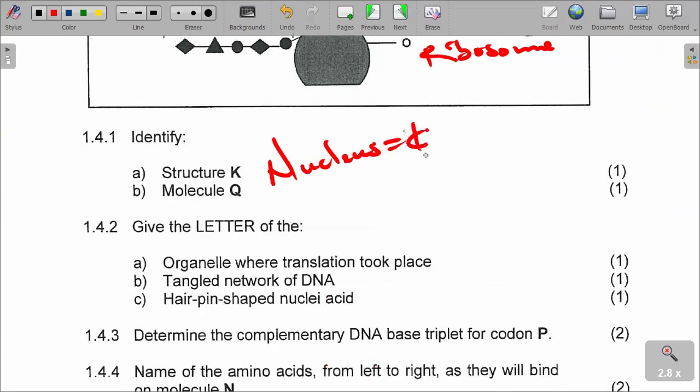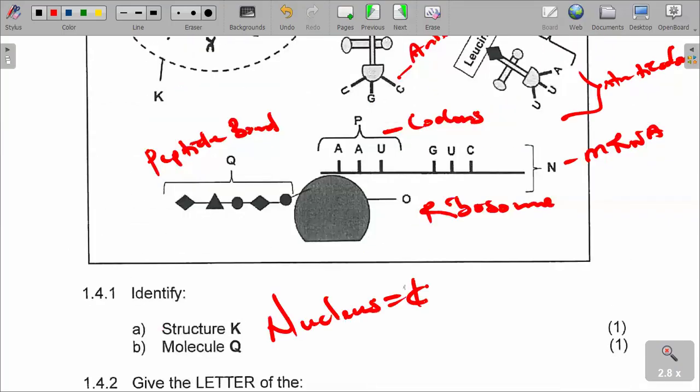This is K. And then molecule Q actually represents the peptide bond.